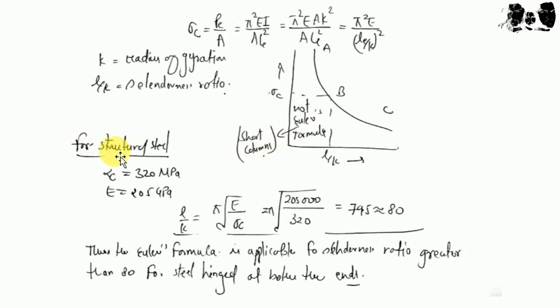Okay, and for structural steel, the critical stress for steel beams is to be taken as 320 MPa, and if the value of Young's modulus of a steel beam is 205 GPa, then we have L upon K equal to pi under root E upon sigma C, and by putting the values of these two, we have 79.5, which is almost 80.